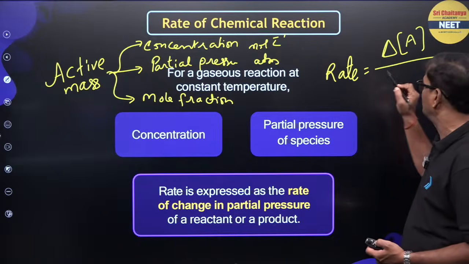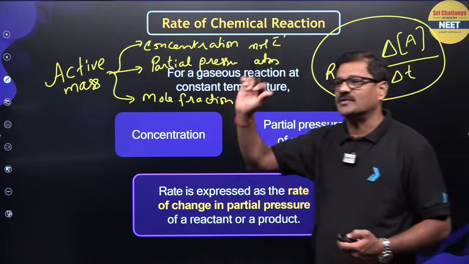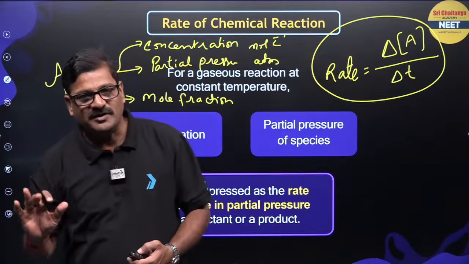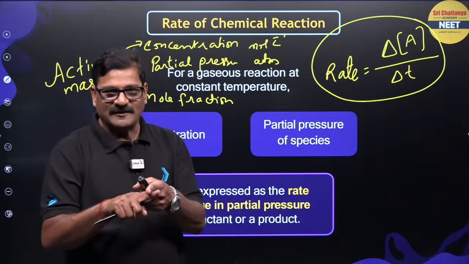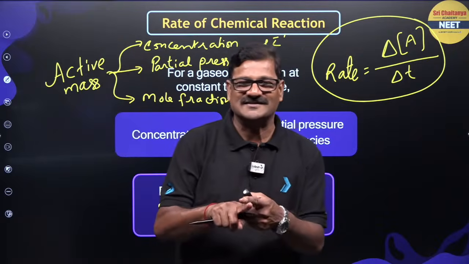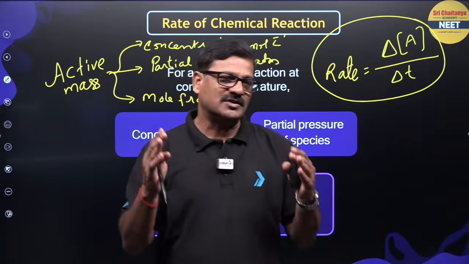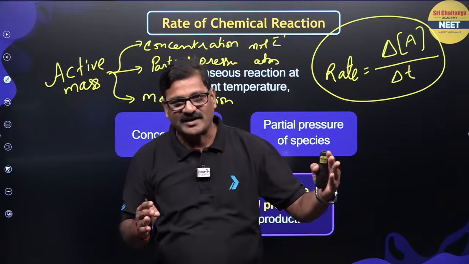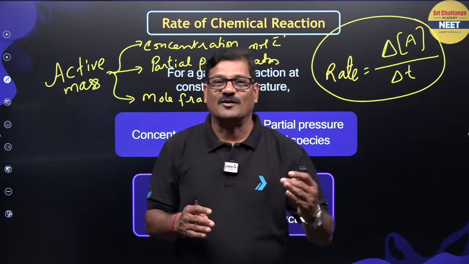This mantra applies to chemical equilibrium as well as chemical kinetics, and these two are cousins. It is an extended version. Chemical equilibrium talks about the extent of a reaction, and chemical kinetics talks about the rate of a reaction.